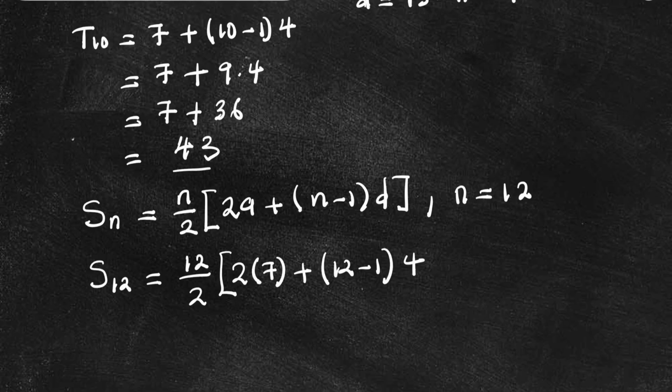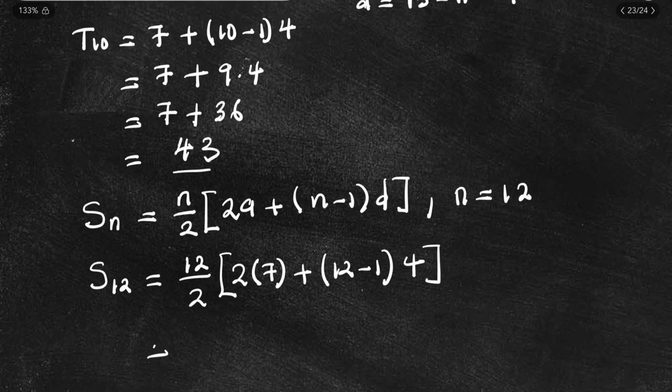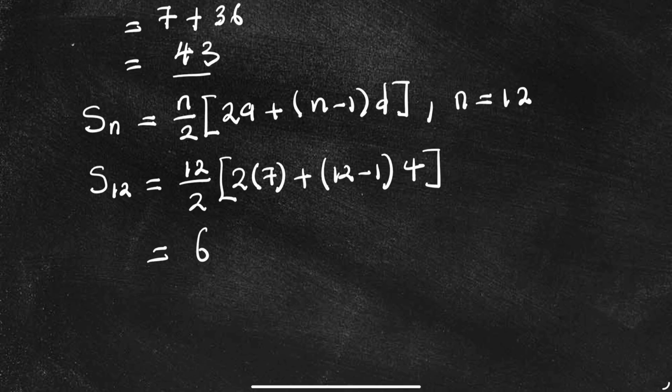Let us go ahead and do the division here. 12 divided by 2 is 6. Then 2 multiplied by 7 is 14. Then plus 12 minus 1, which is 11, multiplied by 4, which is 44.